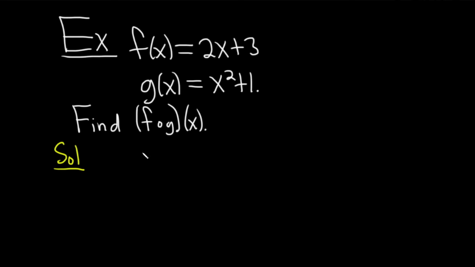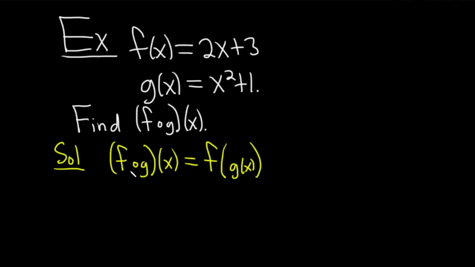By definition, this new function, which is called f circle g, has the following formula. f circle g takes x and sends it to f of g of x. Whenever you see f circle g of x, it's f of g of x. Every time you see the circle, you say of: f of g of x.